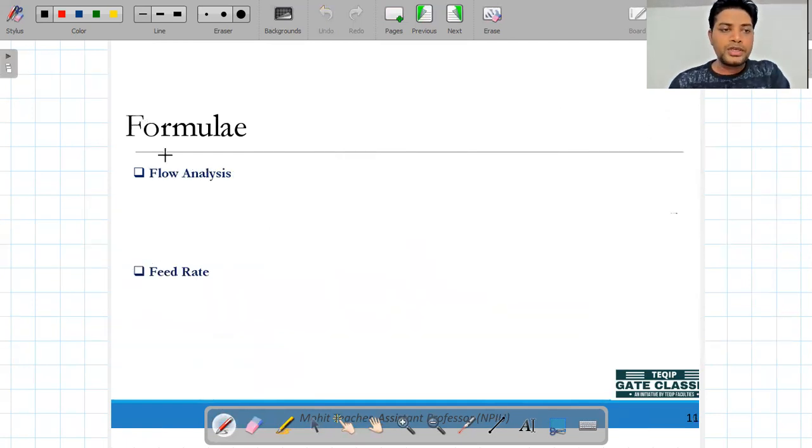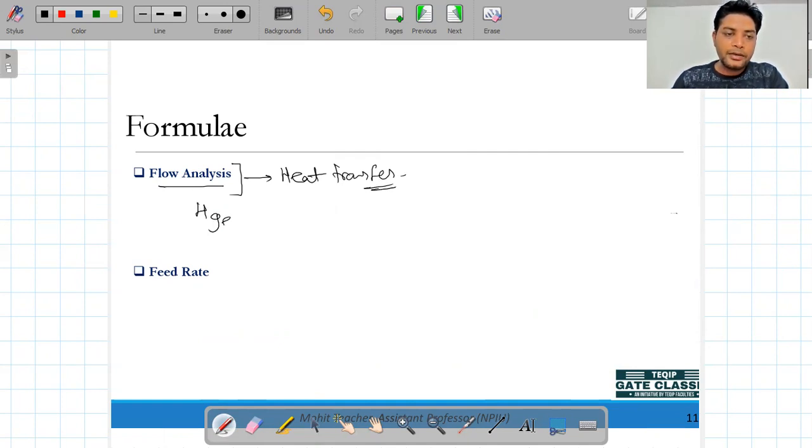Next, two more things remain, that is flow analysis. In this ECM analysis, the flow analysis completely depends on how much amount of heat is transferred. The heat generated due to the potential difference will be I square into R. Now why does it depend on I and R only, and not on V?